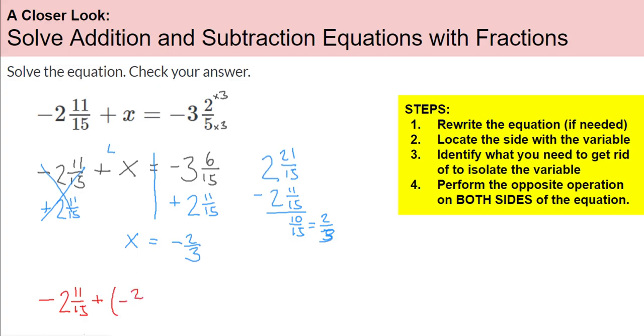Actually, I'm going to change that: instead of writing 2/3, I'm going to write -10/15, which is the same as 2/3, but I just want to make sure it makes sense. Does that equal -3 and 2/5? You could change them to decimals to double check, but it does. So this is the correct answer. X equals -2/3.